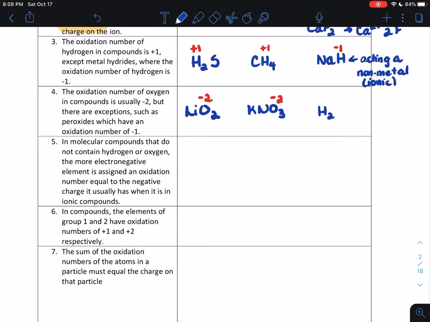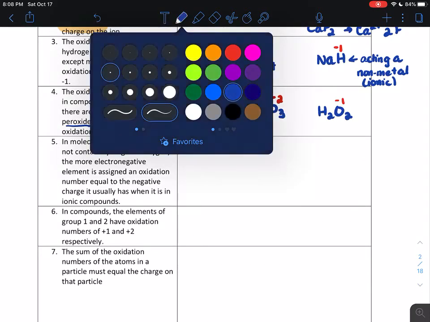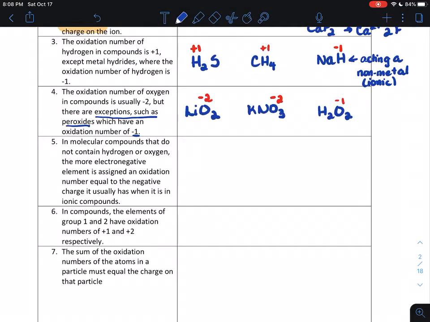This is hydrogen peroxide. We were reading, the exceptions are peroxides, which have an oxidation number of -1. So hydrogen peroxide basically has an oxidation number of -1. The question that I get all the time is, wait a minute, how do I know that a substance is a peroxide?